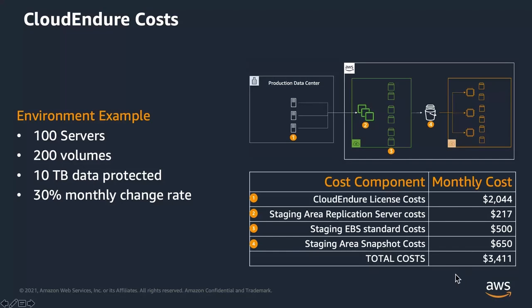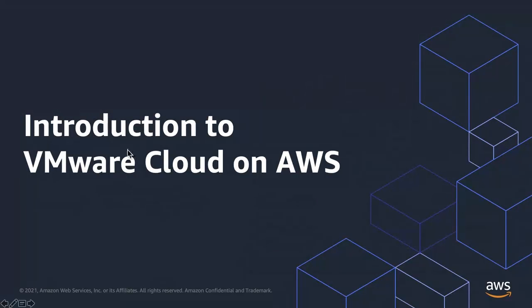That comes down to ballpark $34 per VM protected per month based on these assumptions, which is approximately $410 a year, which is worth protecting considering the cost of downtime and the risk of losing brand reputation in the event of a ransomware attack or a disaster if your mission critical applications go down. So with that, I want to switch the presentation to VMware.